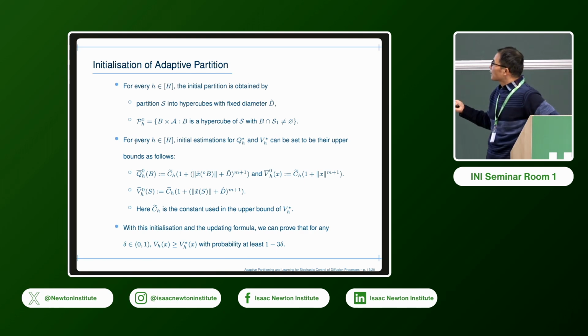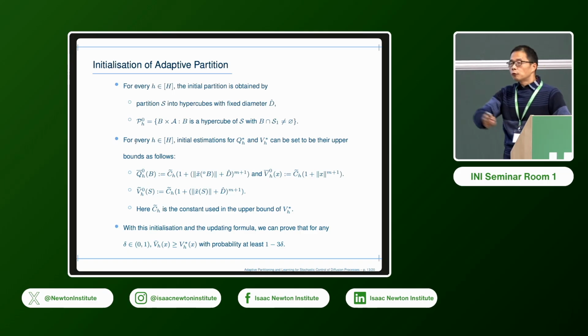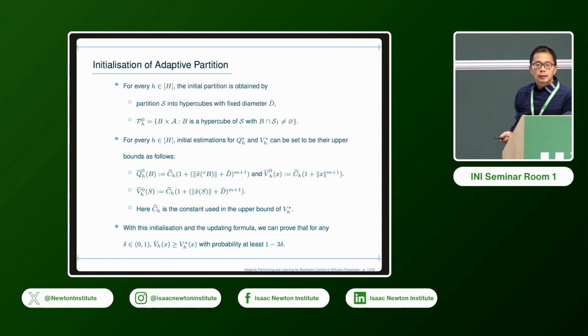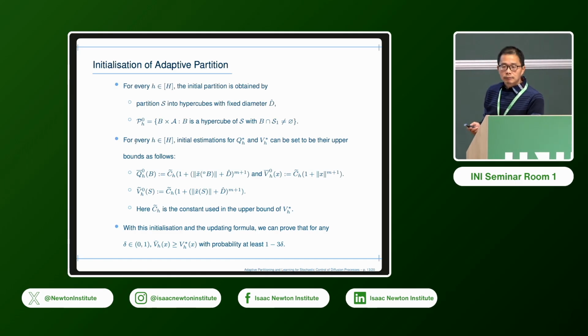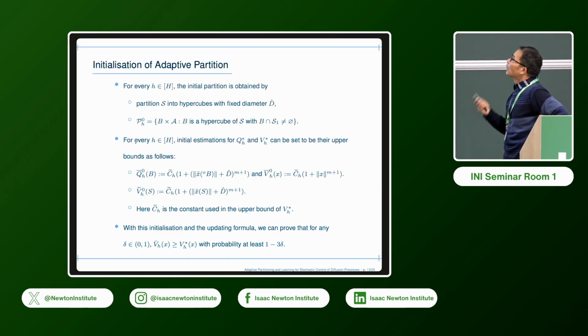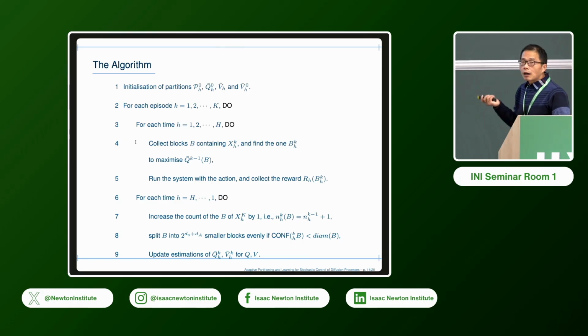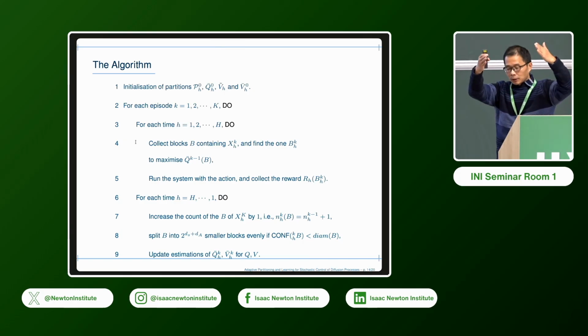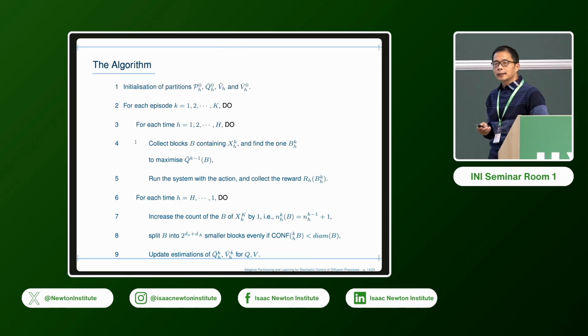In the sense that for any small probability delta, we have at least 1 minus 3 delta probability that this estimation is bigger than the real value function for all h, k and all x. And this is our algorithm. I just now explained the idea of the algorithm.